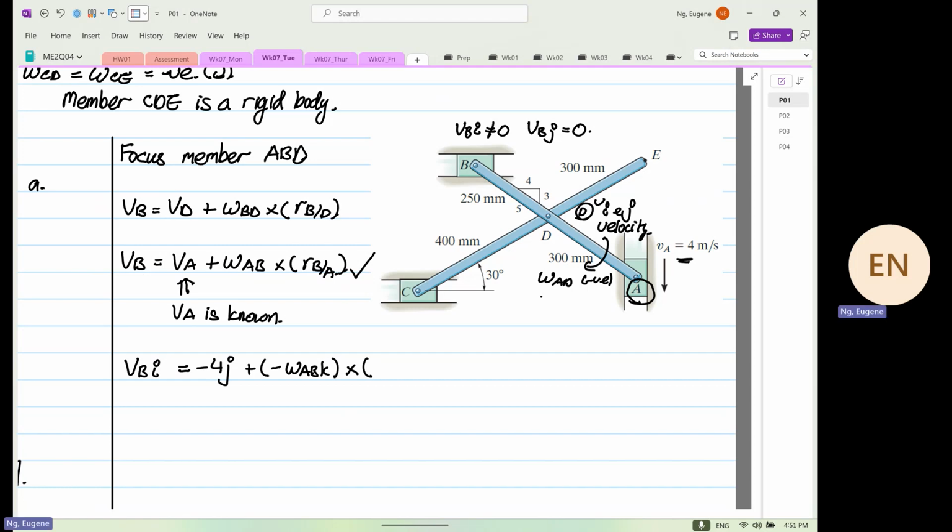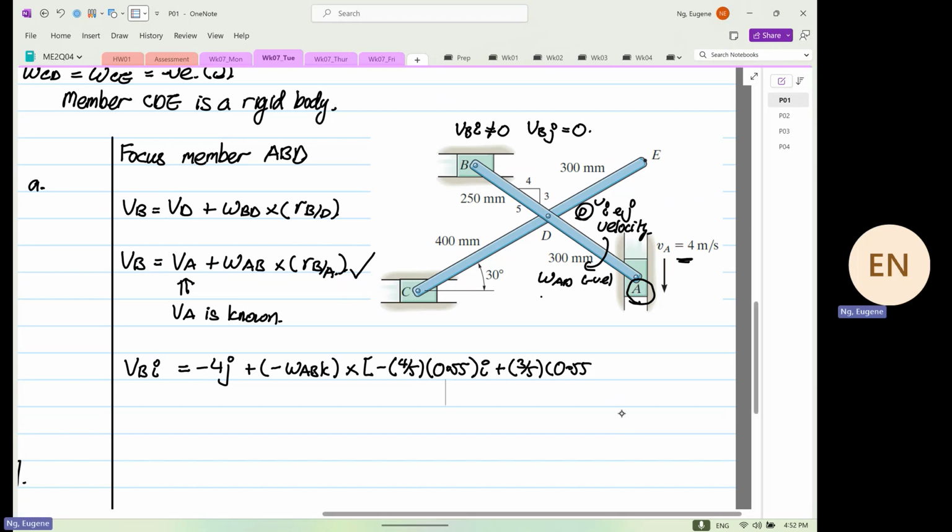So this will be equal to 4 over 5, B from A, so minus 4 over 5 times 0.55 I plus 3 over 5 times 0.55 J, close the bracket, and this is J.